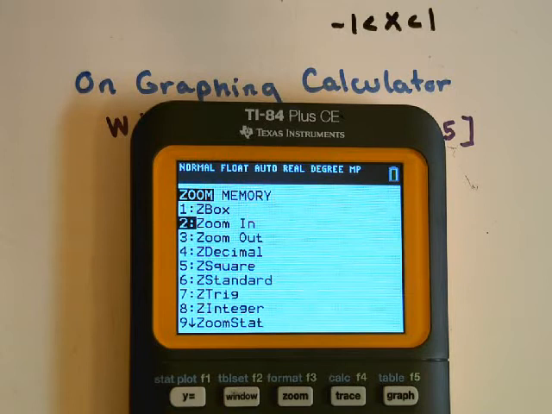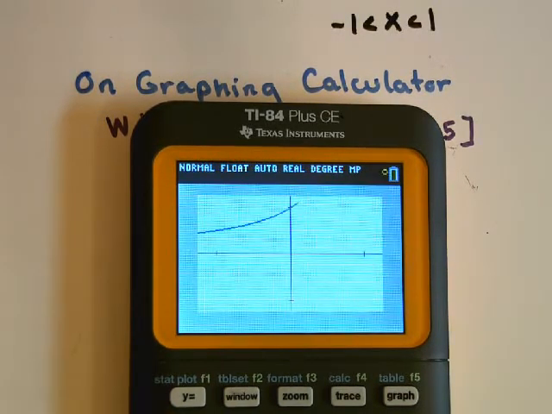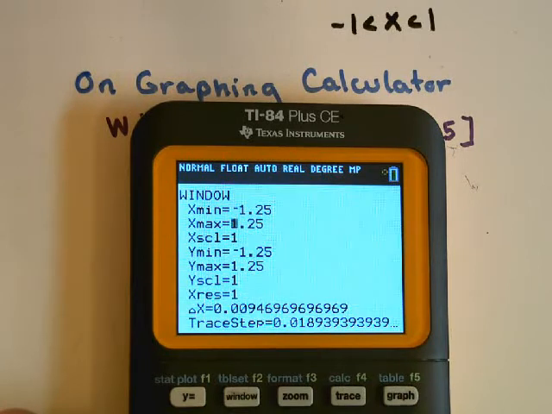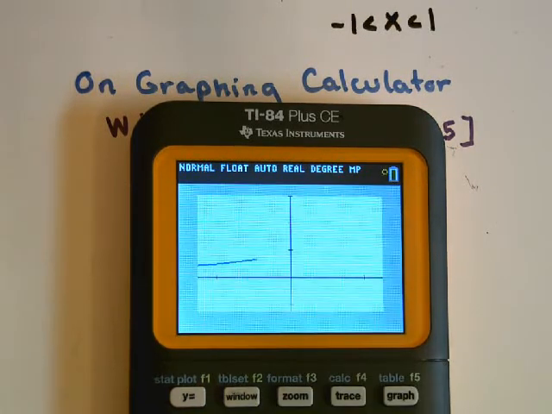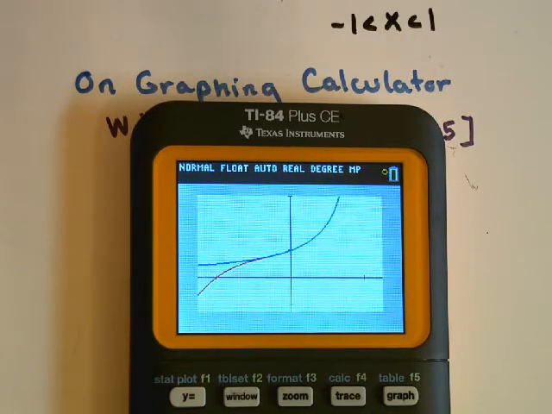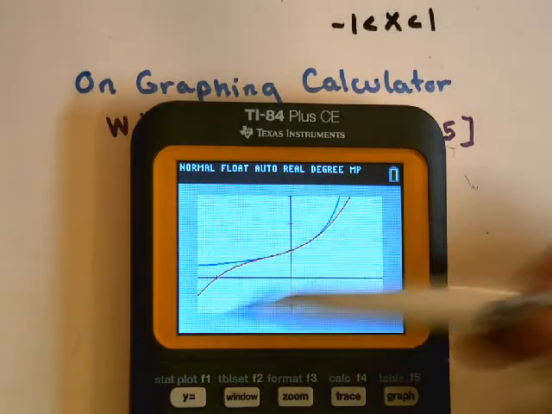I'm going to go ahead and zoom in just to get a better picture here. So it's matching, but only when the graph is in between these two values, which is -1 and 1.